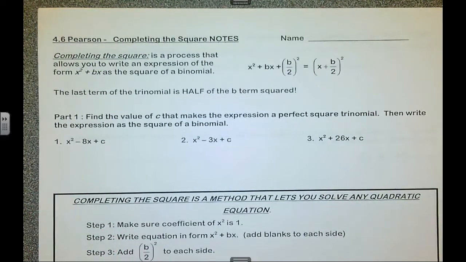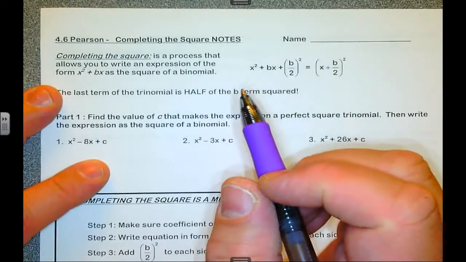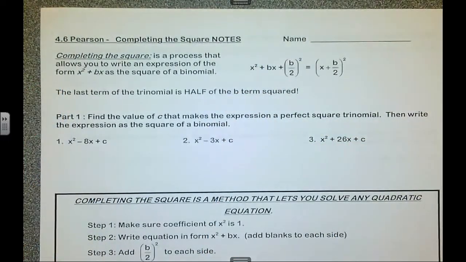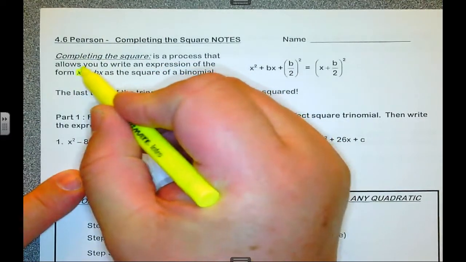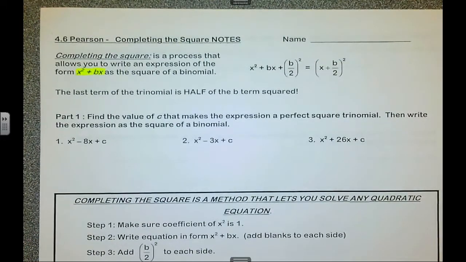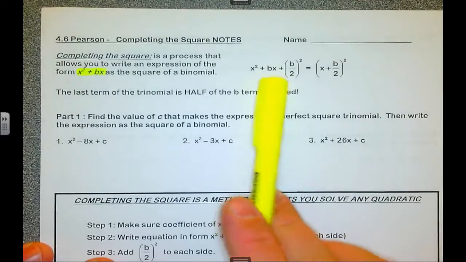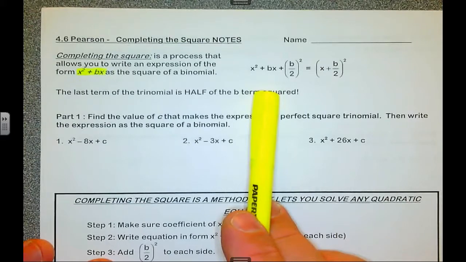All right, to complete the square, you must be in the form of x squared plus bx equals everything else. What we're going to do is make this a perfect square trinomial so that we can make it a perfect square binomial.